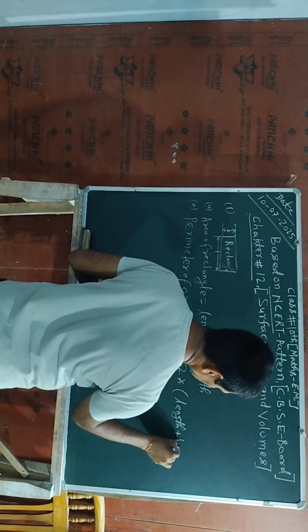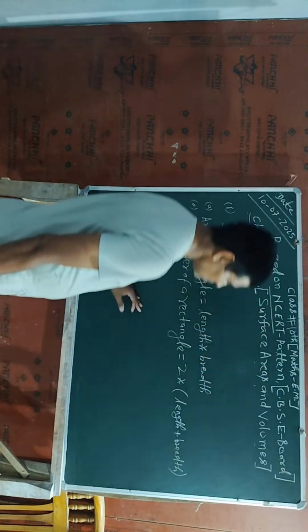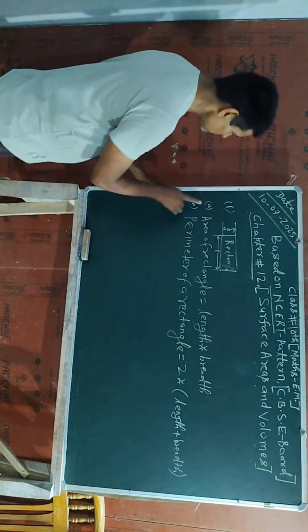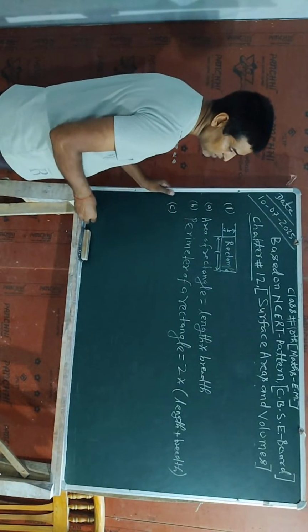Now third formula I will also explain, that is the diagonal of the rectangle.